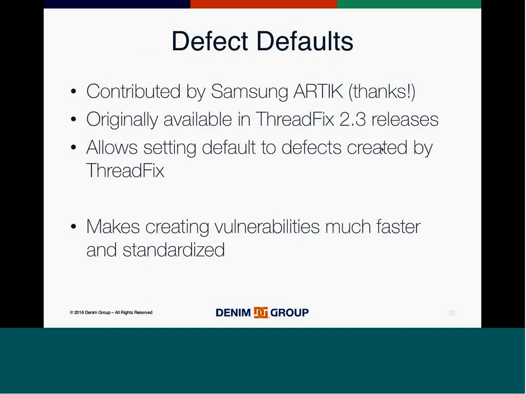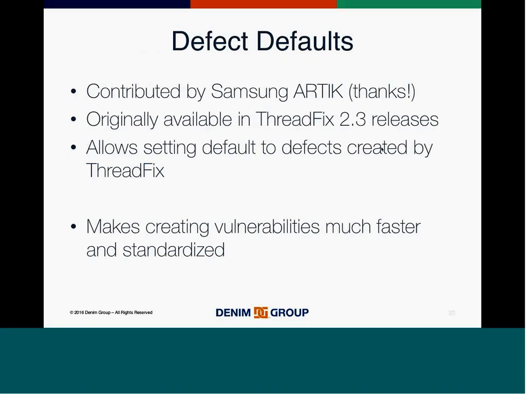And what it allows you to do is set up templates and defaults for when you're creating defects inside of ThreadFix. This makes creating defects much faster and much more standardized so that you can more quickly go through, group things together and say, just create the defect based on this.